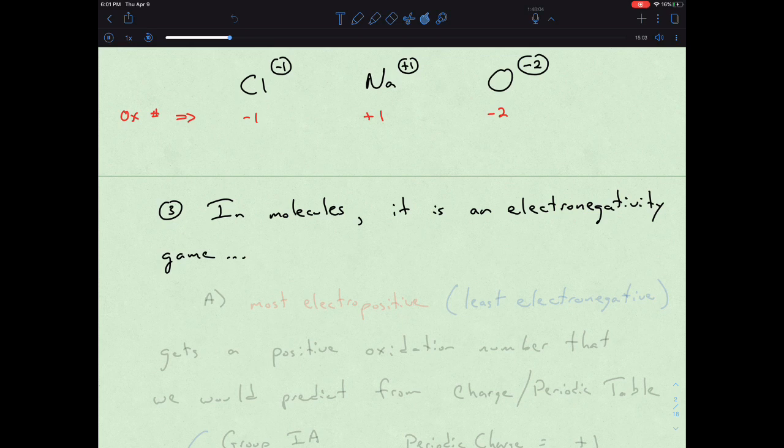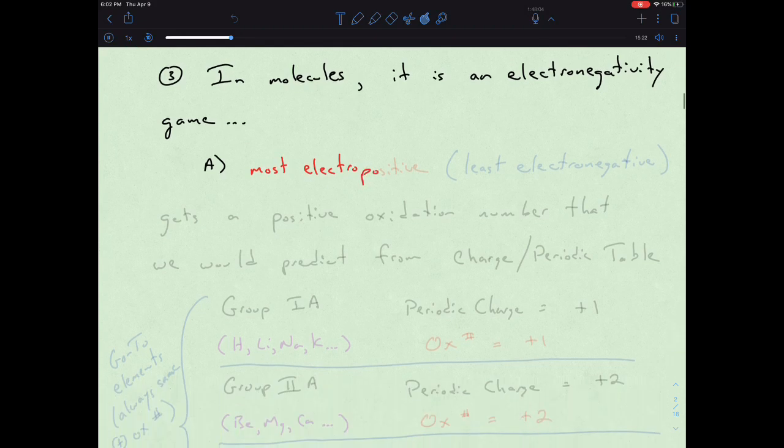So you could say that within this, we could say, part A, the most electropositive, maybe we like electronegativity better, the least electronegative.